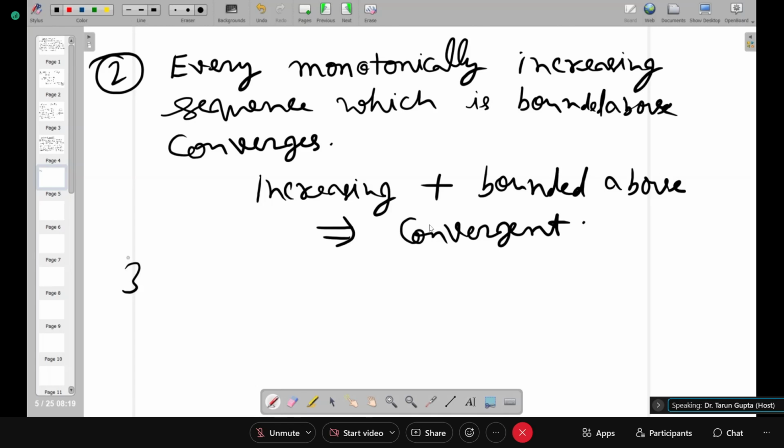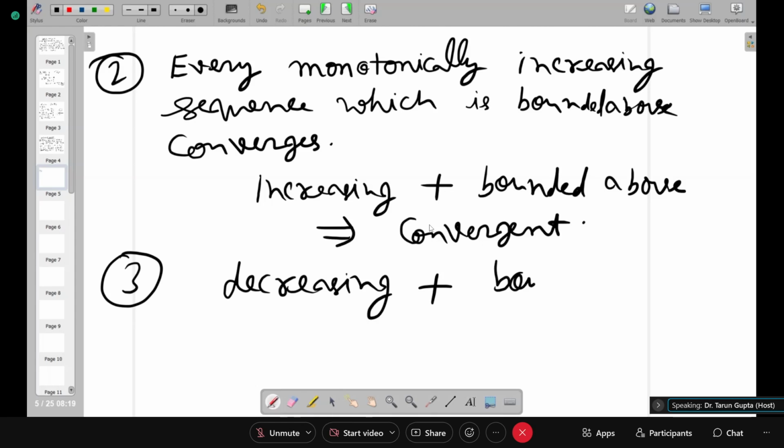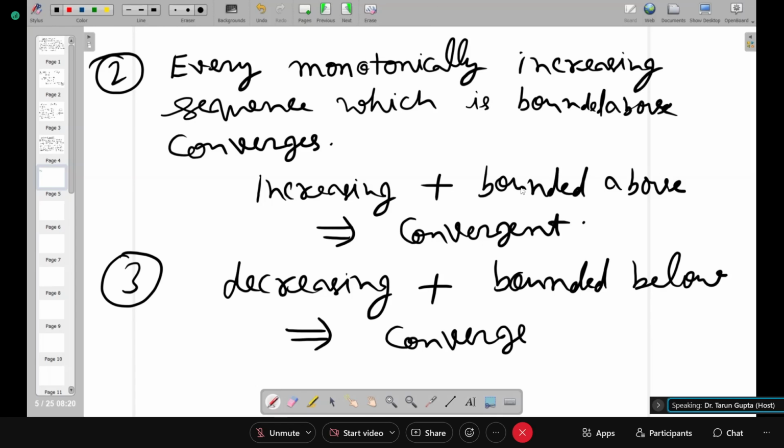Okay. Third one is if decreasing plus bounded below. Decreasing plus bounded below, if you show this, it means also convergent. So these two criteria are there, so that the given sequence is convergent.